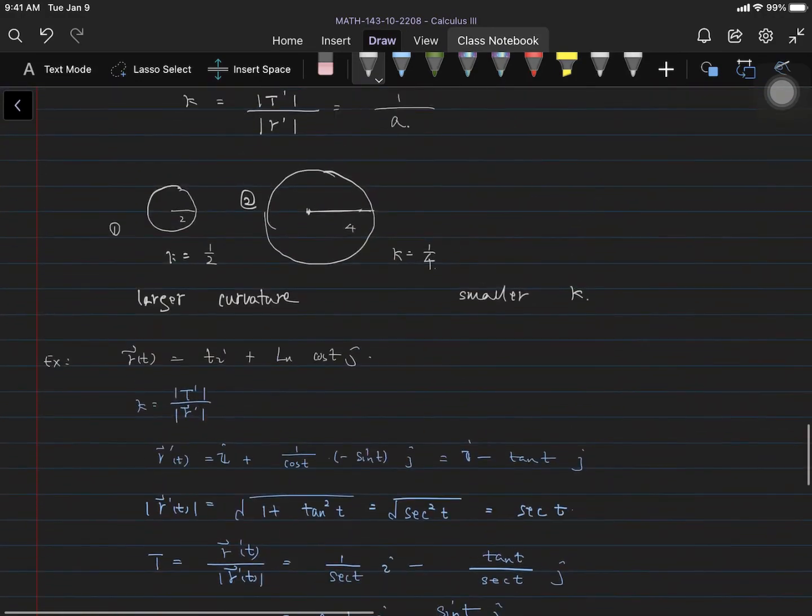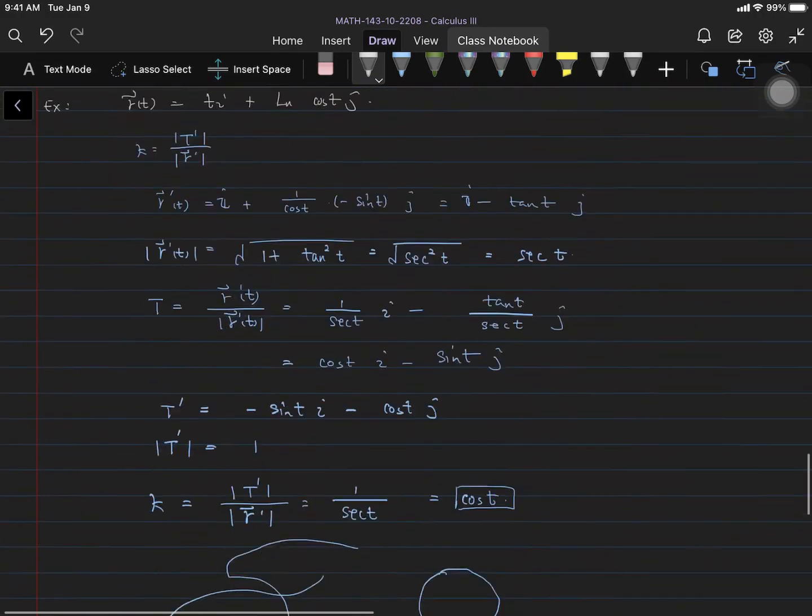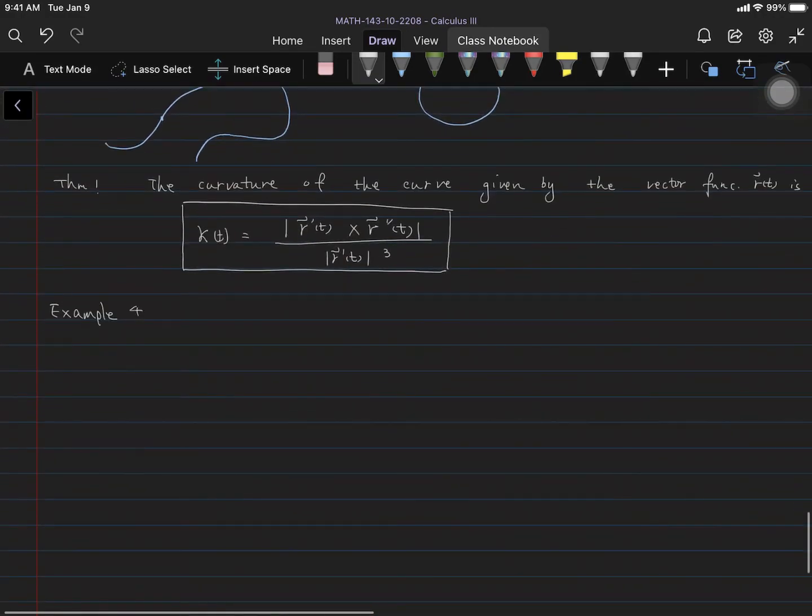So example number 4. Right now, we want to find the curvature of this r(t), which is given by t, t squared, t cubed, at a general point.